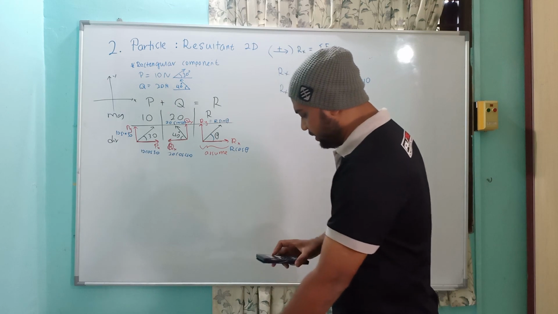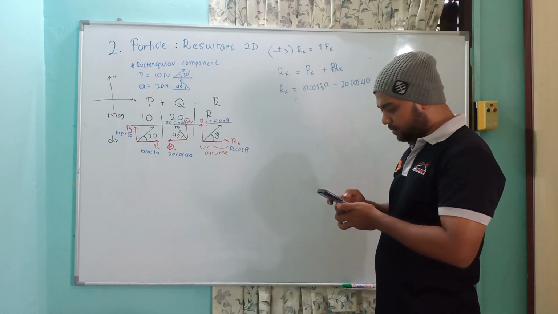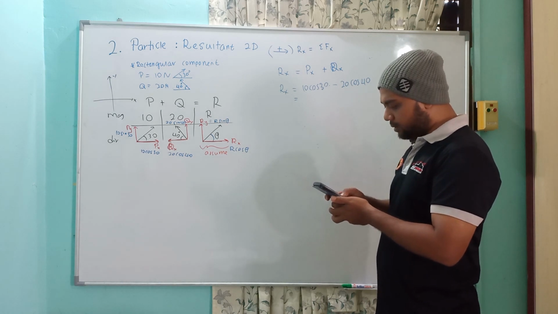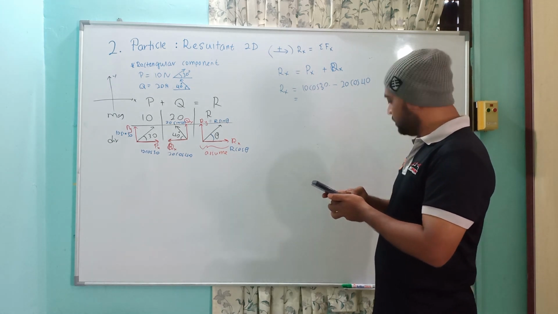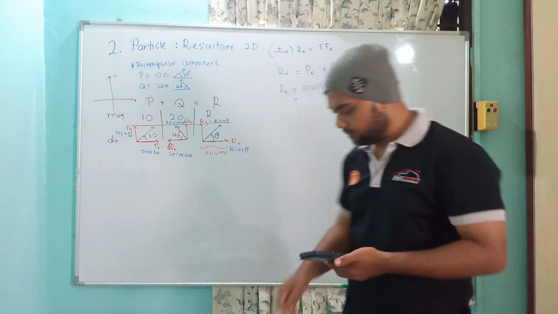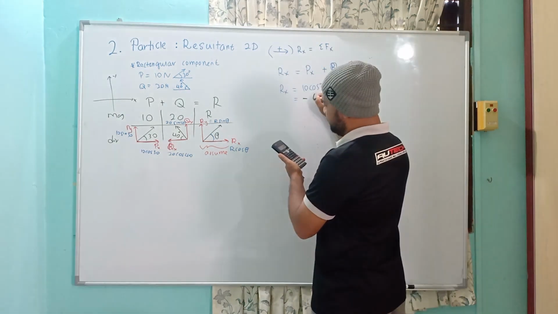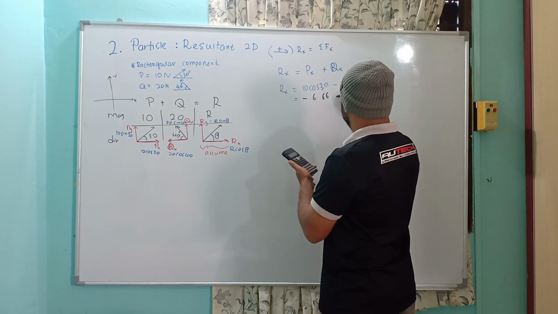Okay, for the x direction, so let's say we have 10 cos 30 minus 20 cos 40, so you have minus 6.66 Newton.